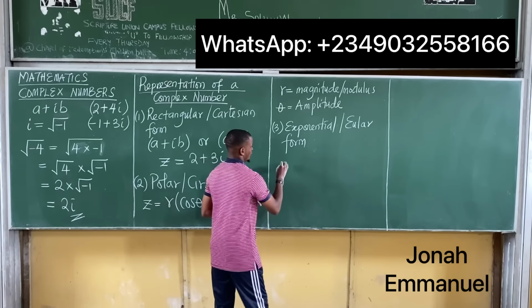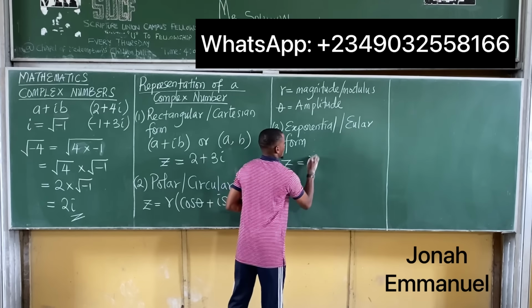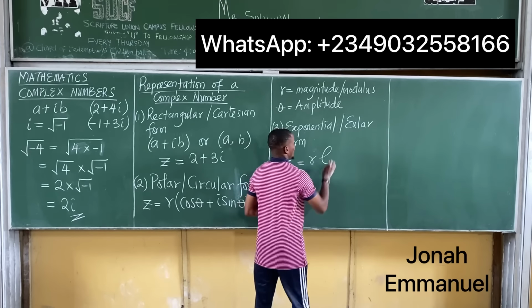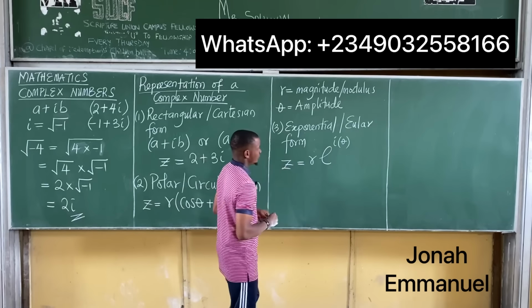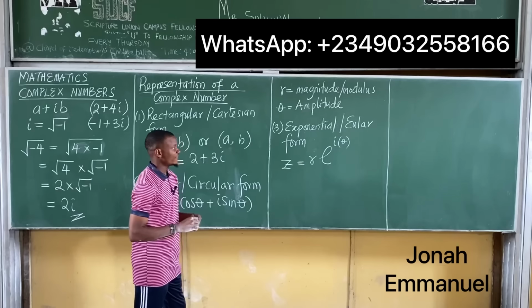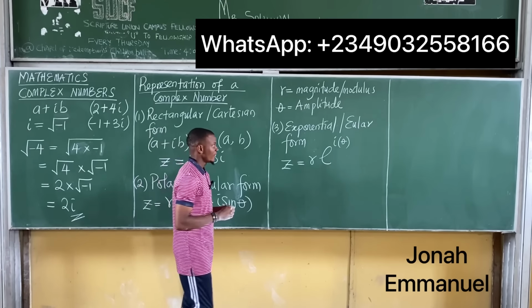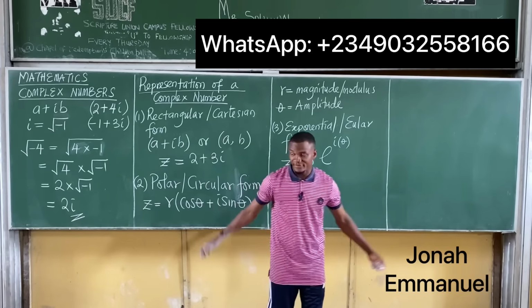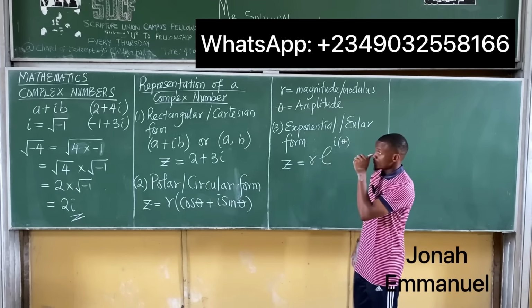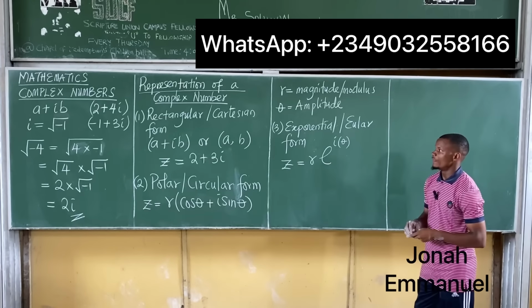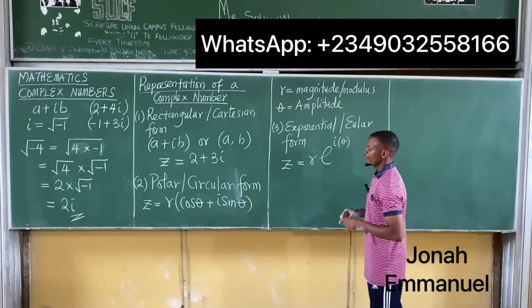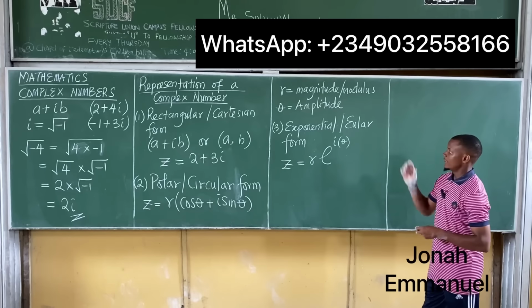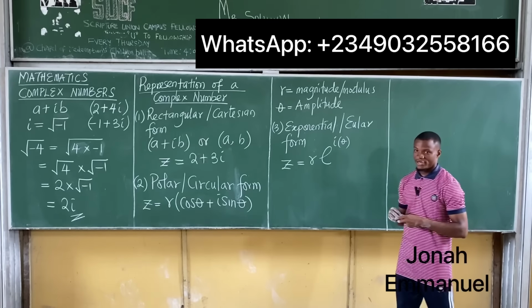Here we have something of the nature z equal to r exponential i times theta. All right, so this is the Euler's form of representing complex numbers. So we have our forms of representing complex numbers: rectangular form or Cartesian, polar form or circular, then exponential form or Euler's form.